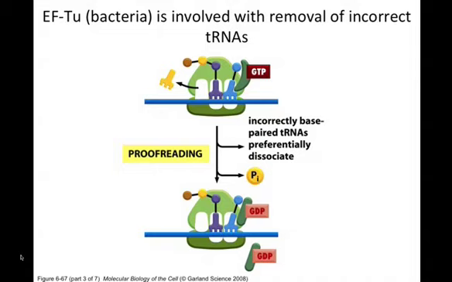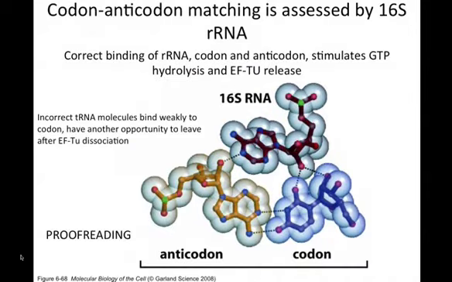If there's incorrect base pairing of the tRNA with the codon, it's going to dissociate. But if it's correct, then you'll get GTP hydrolysis. So now you've got GDP, and then EF2 can leave, and it can leave the tRNA there.